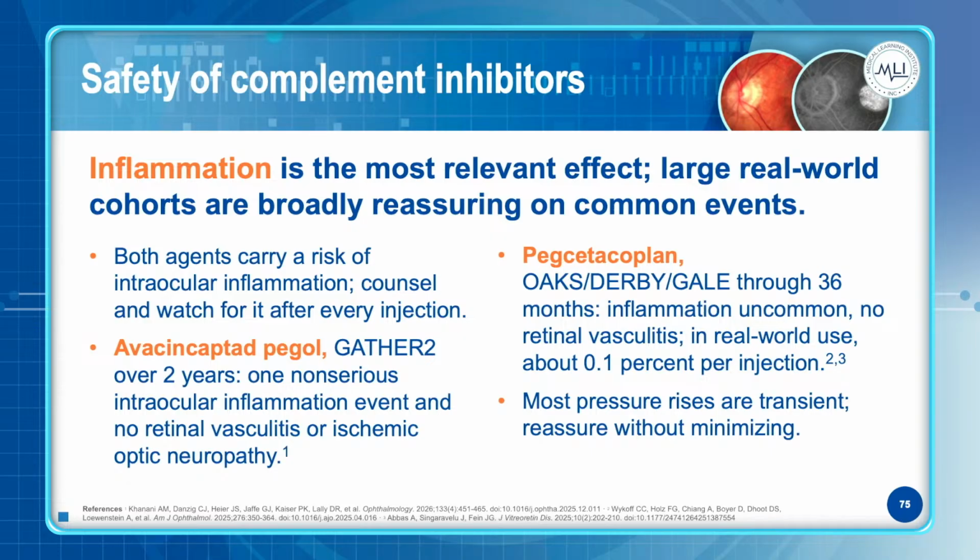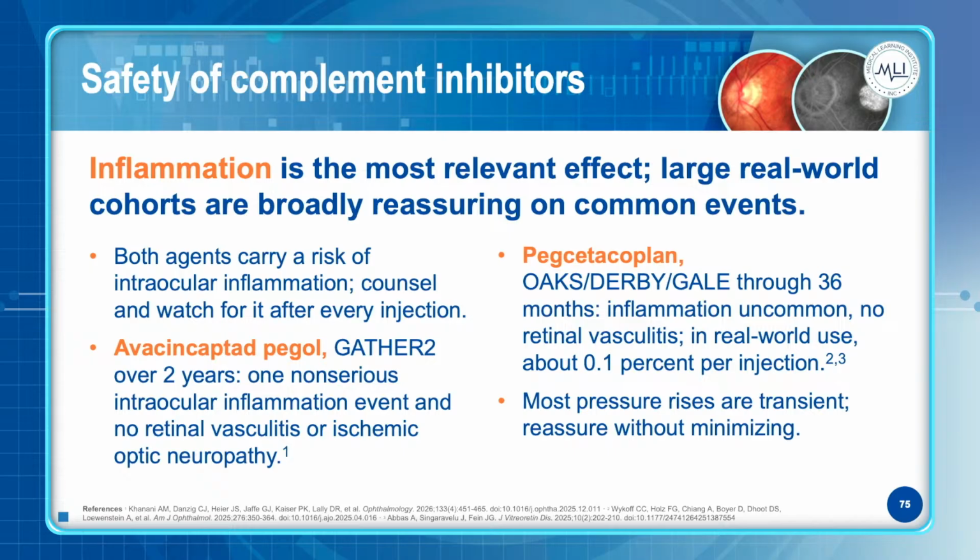There was no vasculitis in the first year or ischemic optic neuropathy. When you look at Derby and Oaks, the inflammation is also uncommon. There were no retinal vasculitis in Derby, Oaks, or Gale. We have seen that in the real world studies, and the rate is very low. Because the rate is so low, it's hard to know if it's 1 in 3,000 or 5,000 or 7,000.